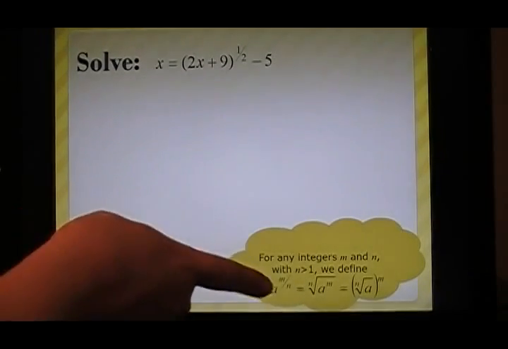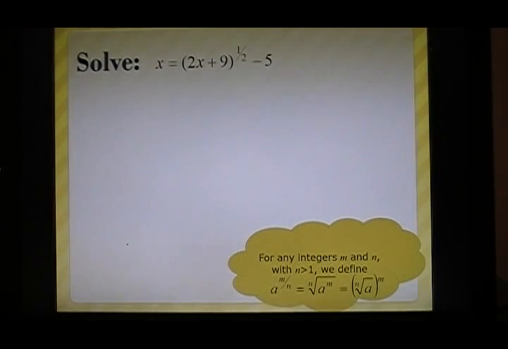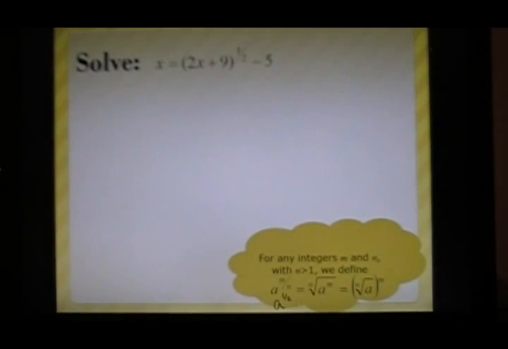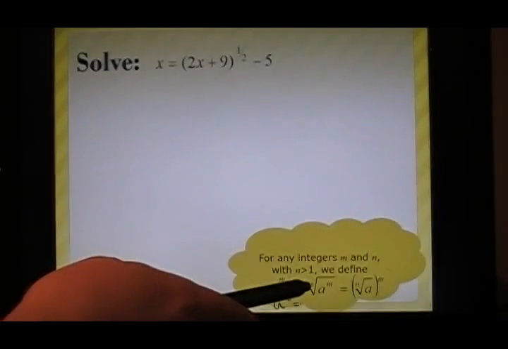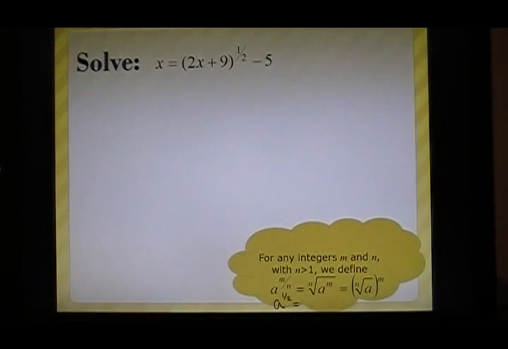So when you have these fractional exponents, something to the 1/2 power, a to the 1/2 power would be, the denominator is the index, the numerator is the power of the radicand. So that would be the square root of a to the first, which is simply the square root of a.